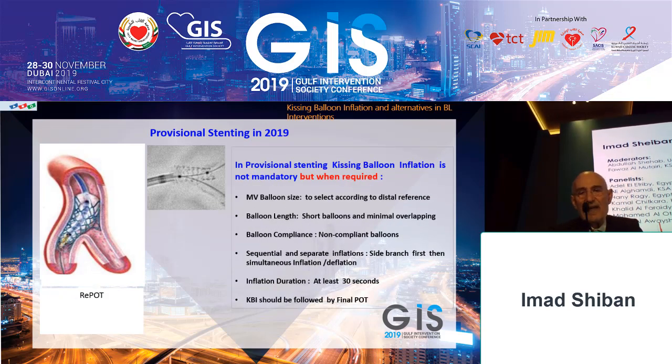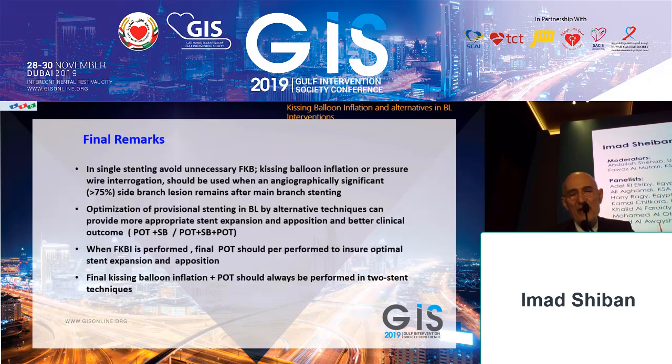So in provisional stenting, kissing balloon inflation is not mandatory, but when it's required, you should do it very correctly, not overlapping the stents too much. So my final remarks: in single stenting, avoid unnecessary final kissing balloon inflation. Pressure wire interrogation should be used when an angiographically significant side branch compromise remains after main vessel stenting.